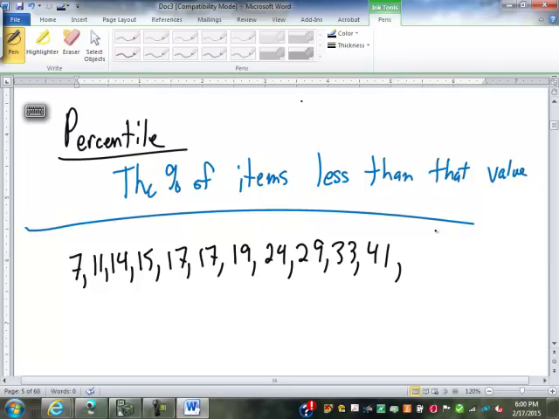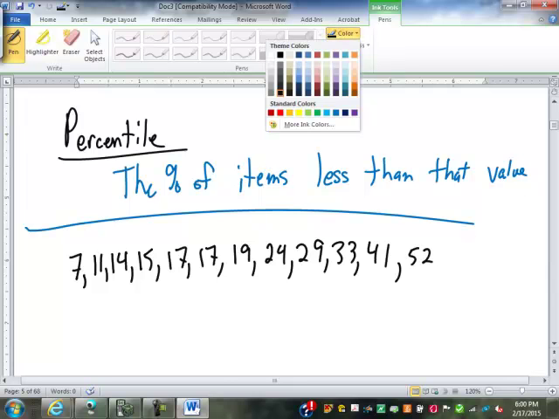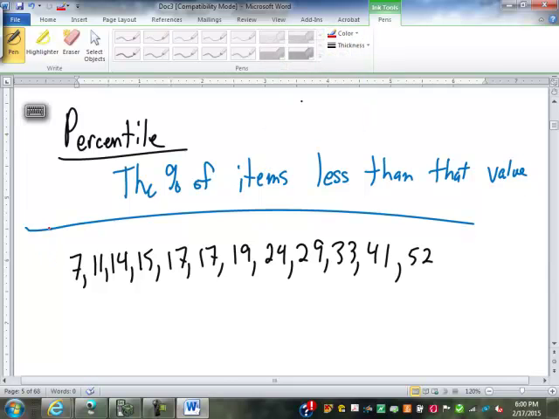We'll go one more. So there's a data set. This particular data set has 12 items in it. Now I'm going to go ahead and number them. I don't have to do this, but it's going to make the next few steps a lot easier. So there's my 12. N equals 12.